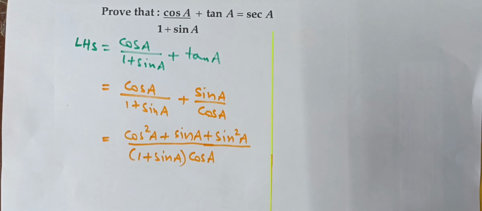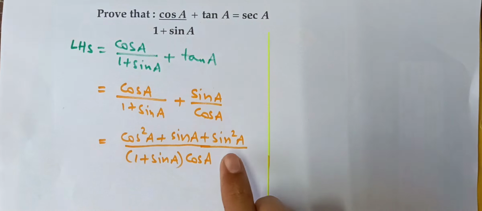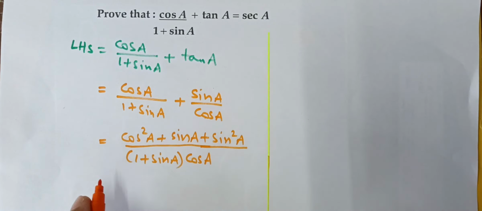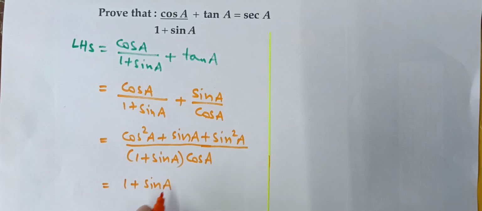Now in the numerator, you can observe the first square relation, cos square theta plus sin square theta, both terms are available. So we can write sin square theta plus cos square theta equal to 1. So we have 1 plus sin A, denominator as it is.